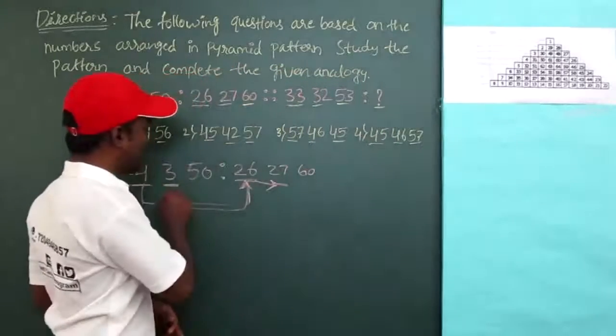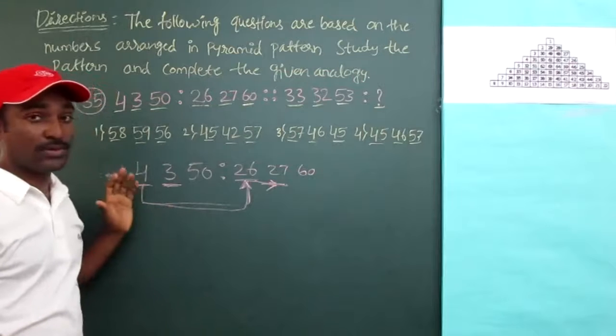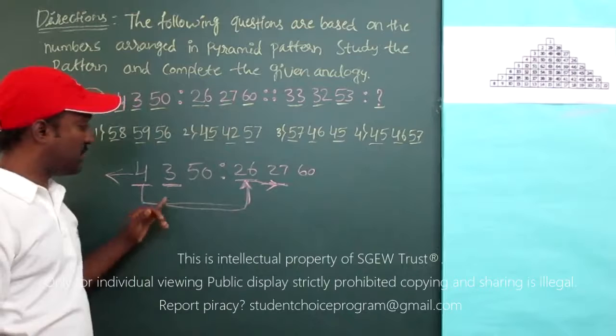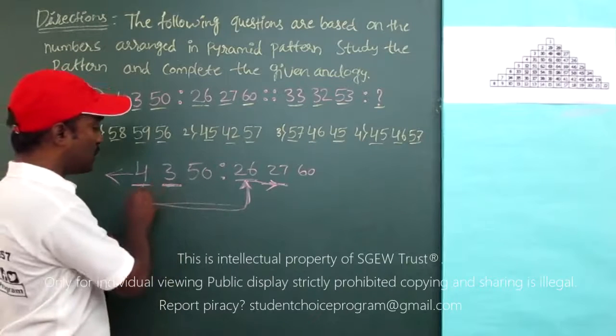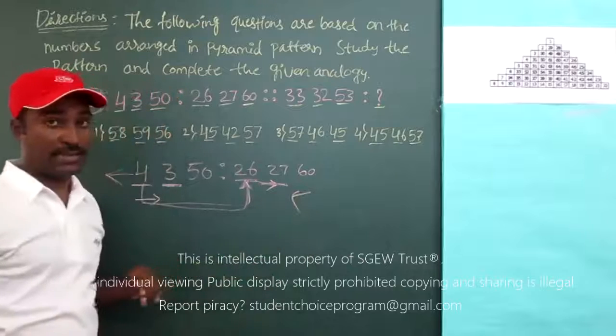The numbers 3 and 27 are located at the extreme end of row number 6. There are no numbers before 3 and no numbers after 27.